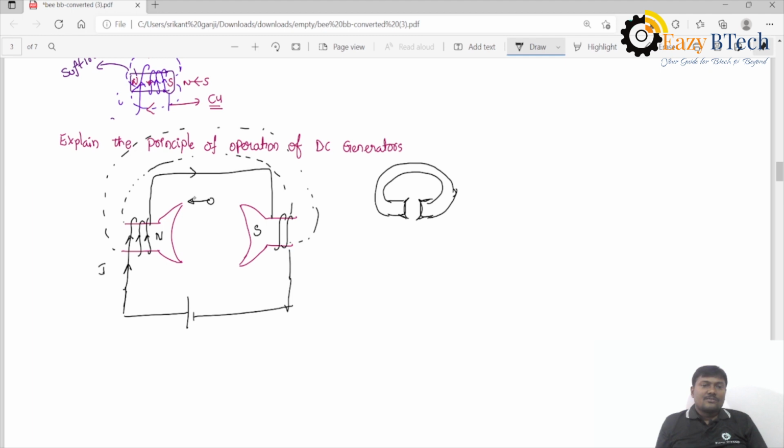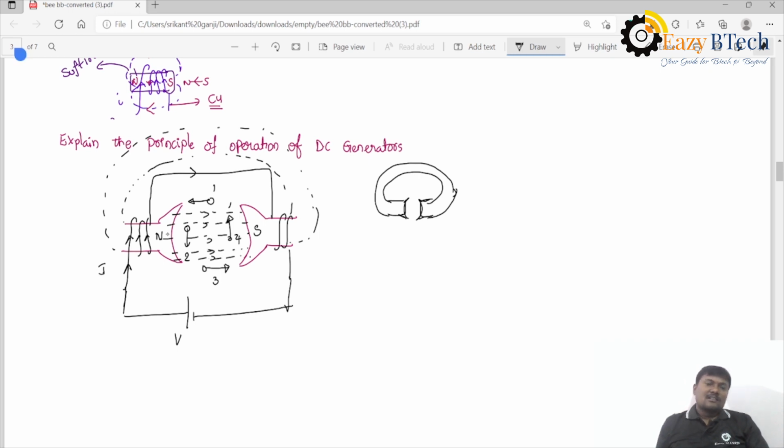The tangential force acting on the conductor is like this, here it is downwards, at this position it is like this, and here it is upwards. This is the fourth position. This winding is called the field winding. Why is it called a field winding? The winding which produces the magnetic field is called the field winding. You can remember it like that.